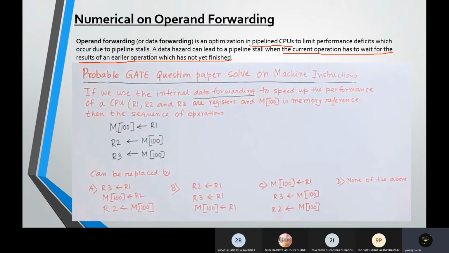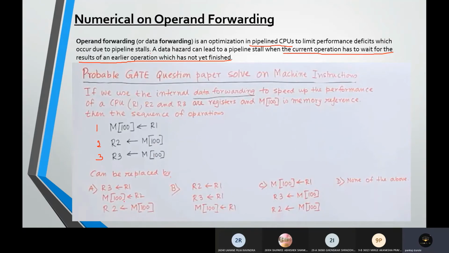You can see over here, this is the first, this is the second and this is the third instruction. The second instruction is dependent on the first instruction, and even the third instruction is dependent on the first instruction.